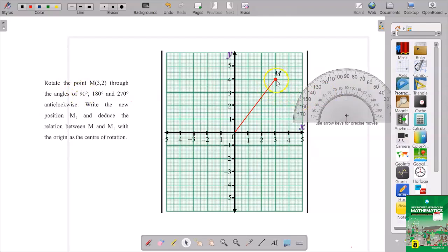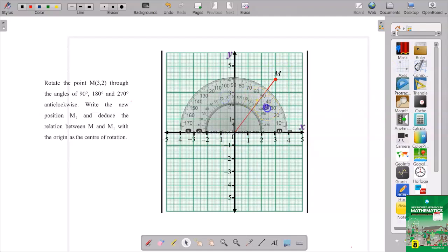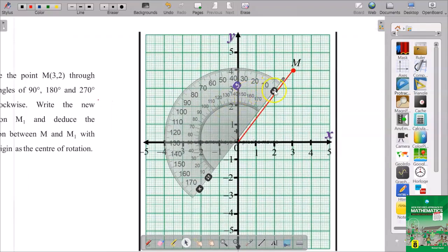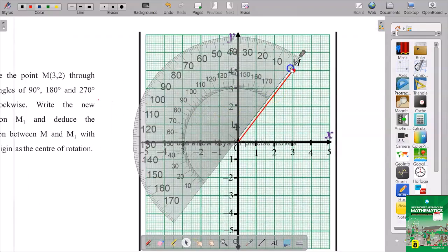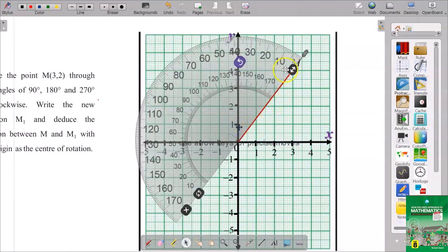So what you do is that you have a point, then you draw a straight line from the point to the origin. Then you put your protractor in such a way that the middle line is at the origin, whilst the baseline flushes with the line that we want to measure the angle from.